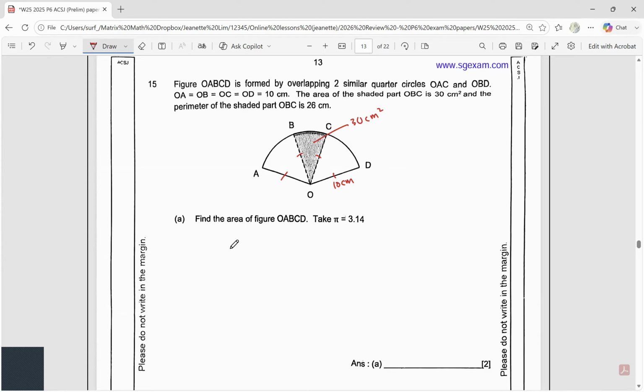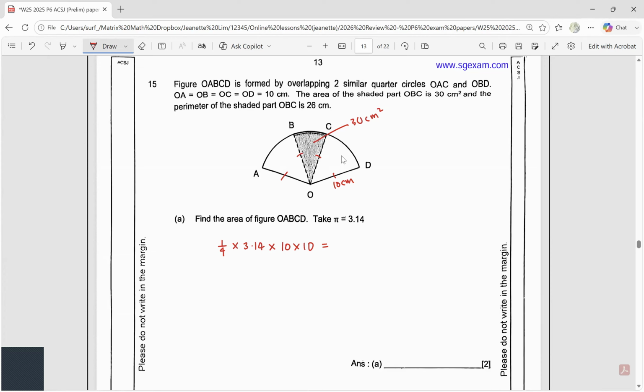So for part A, we're looking for the area of OABCD, basically this whole figure. So let's find one quarter circle first. The area of the quadrant or quarter circle is a quarter times pi times the radius, which is 10 times radius. Use the correct formula.